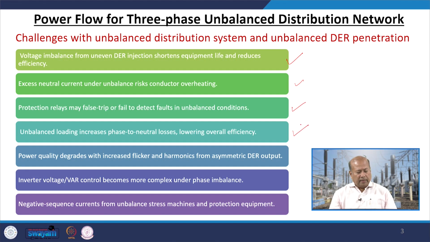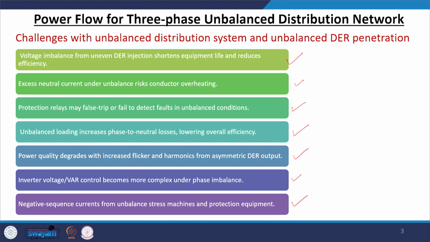Power quality degrades with increased flicker and harmonics from asymmetric DR output. Inverter voltage and VAR control becomes more complex under phase imbalance. Negative sequence currents from unbalance stress machines and protection equipment. So, these are the challenges one can commonly experience due to unbalance.